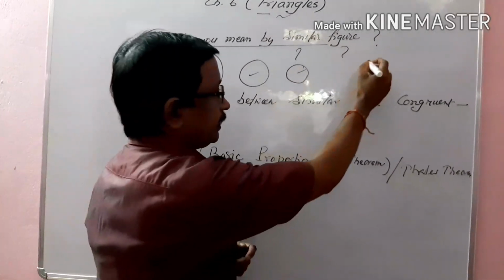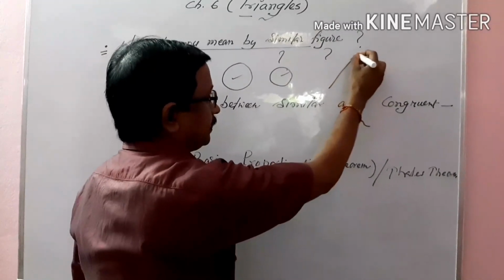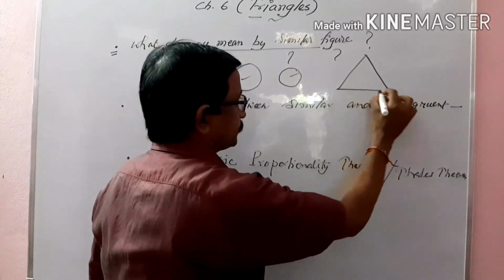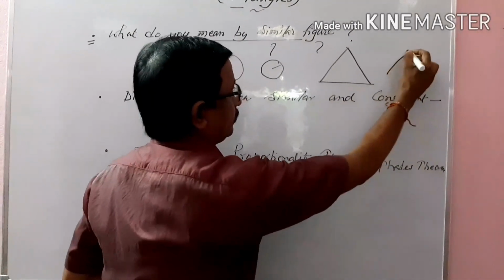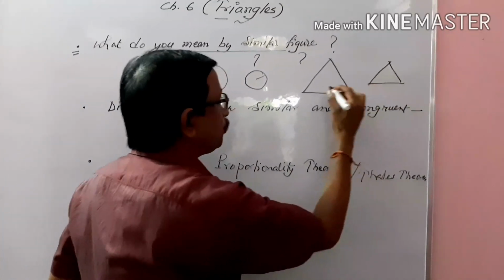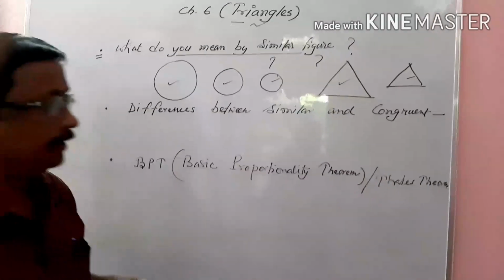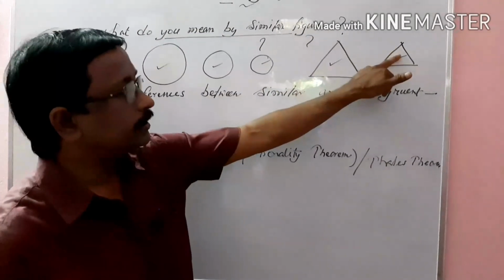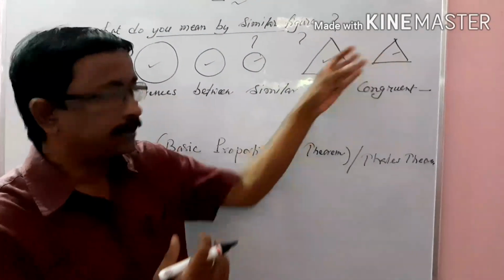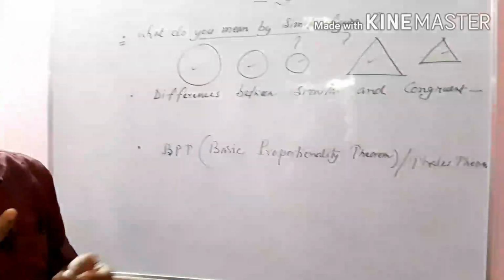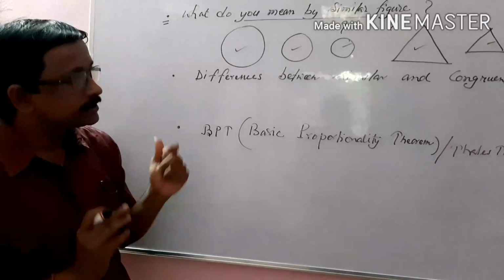And similarly, if I draw an equilateral triangle, and this one is also an equilateral triangle, both the triangles are similar. Why? Because both are equilateral triangles, and one is smaller in size than the other. That means there is no difference in shape, both figures are similar.